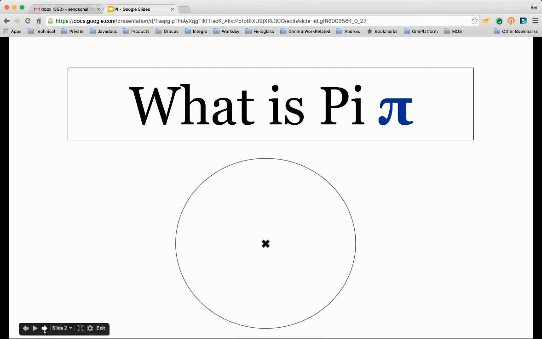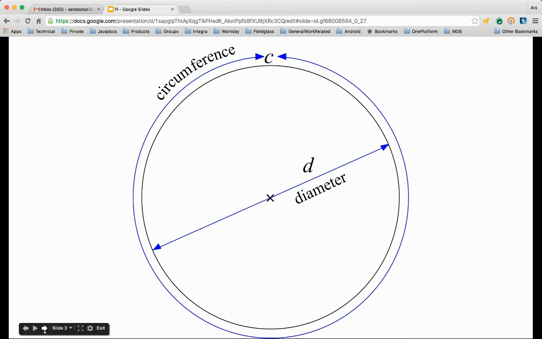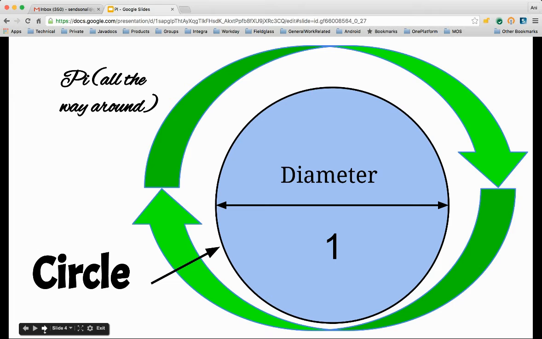Let's say there's an x right in the center of the circle. If you were to put a line through it, that would be your diameter. If your diameter had a distance of 1, then the distance all the way around the edge of the circle will be pi. The perimeter is also expressed as the circumference.